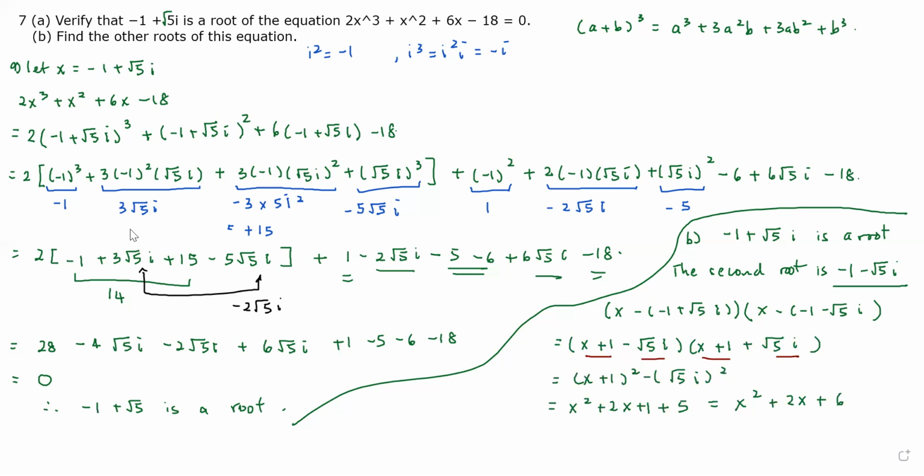We need to find the last root of the equation. The equation that we have is cubic, 2x cubed plus x squared plus 6x minus 18. This one has a quadratic factor x squared plus 2x plus 6. You must multiply this by a linear factor. Now look at the coefficient of x cubed. It is 2x cubed. X squared times 2x will give us 2x cubed.